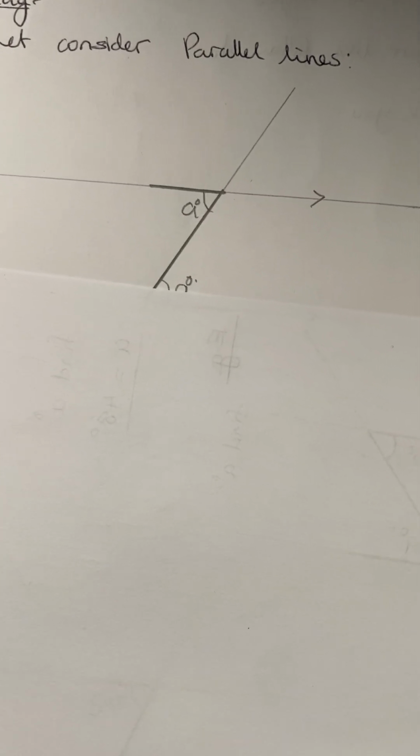Yesterday we had one line and then we had a cross. So we said, if you can watch, this angle here, A, will be equal to that angle here, and this angle here will be equal to that angle here. That was what we did yesterday.